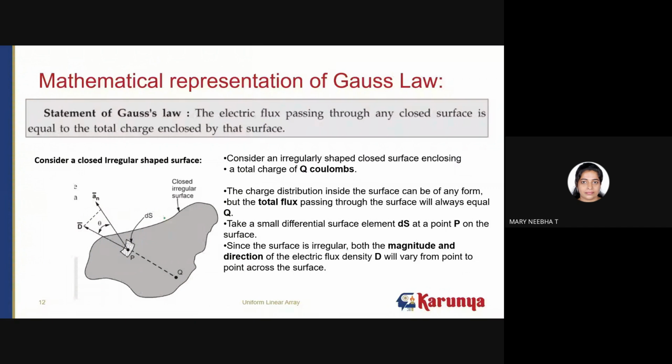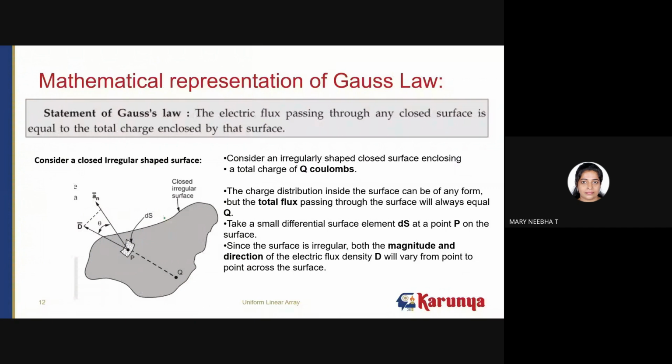So this is a normal concept. The electric flux density will make an angle theta with the outward normal to the surface. The flux passing through it can also be represented by the normal flux density. Flux density is flux per unit area.